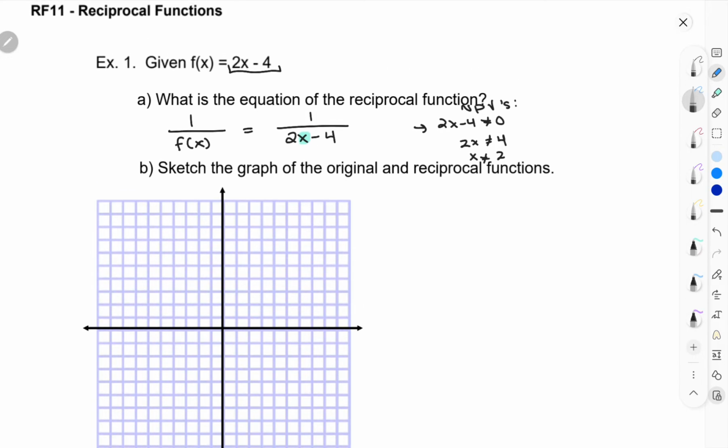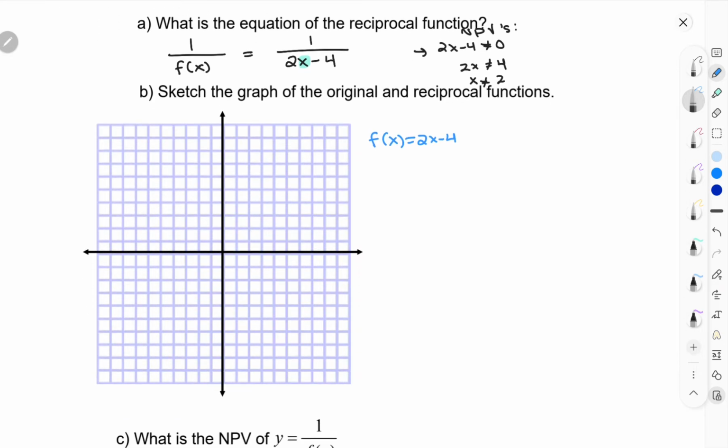So what does this function look like? Well, I know what f of x equals 2x minus 4 looks like. It's a linear function with a y-intercept at negative 4, because this is in slope-intercept form. This is my rise over run, and this is my y-intercept. So I can sketch any linear function by starting at that y-intercept and saying for every 2 units I go up, I go 1 unit over.